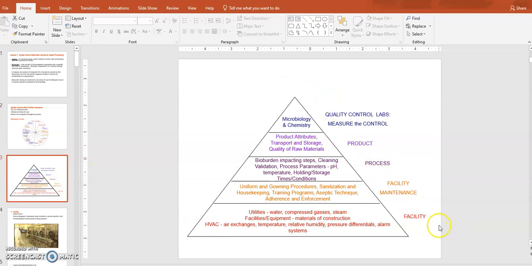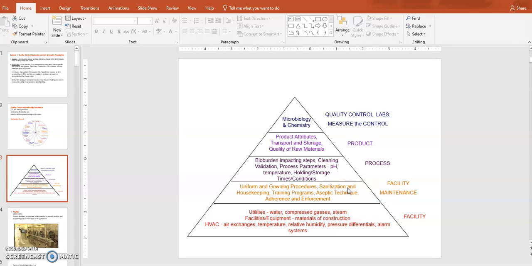Another chart showing in the pyramid shape, all these facility-related controls. Okay, take a look at those and how they are maintained. Okay, uniform, gowning, what attire people should wear, and what kind of sanitization process they have to go through. All those things and training requirements, everything.